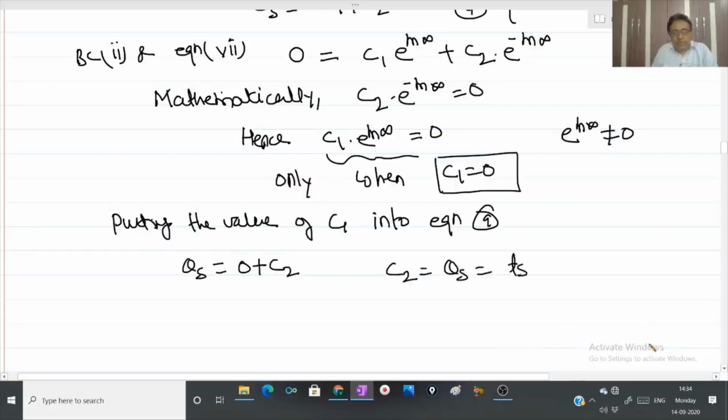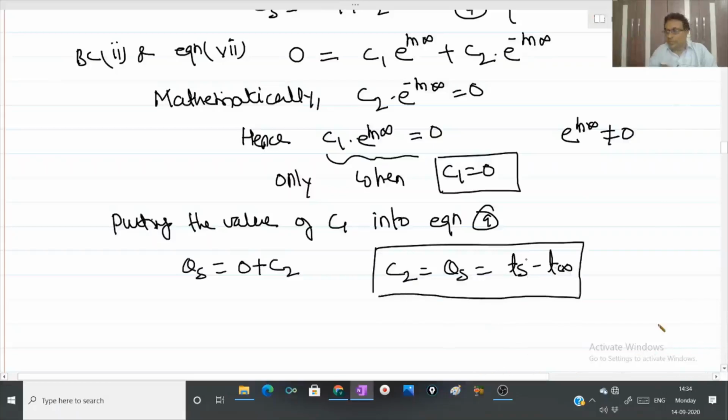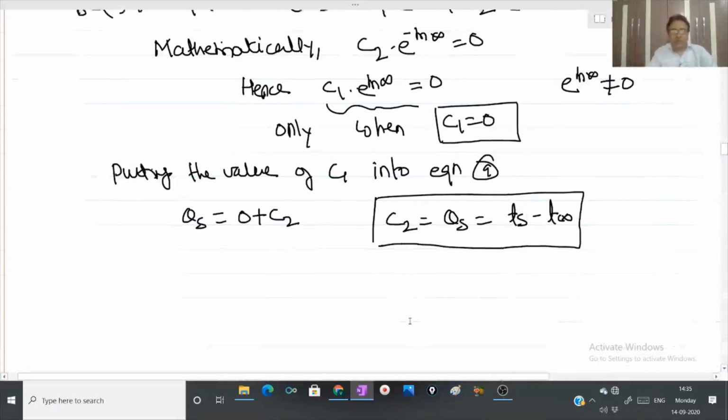It is nothing but Ts minus T infinity. So this way I could get the values of constants c1 and c2.